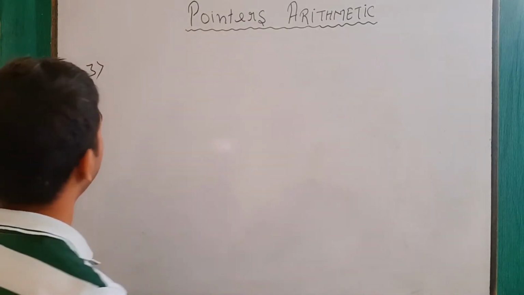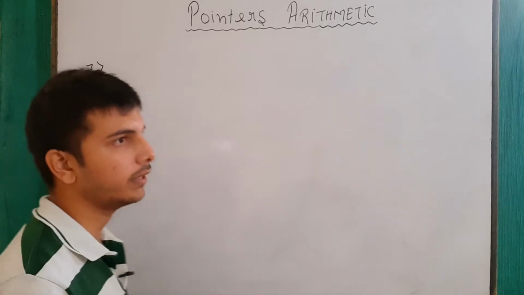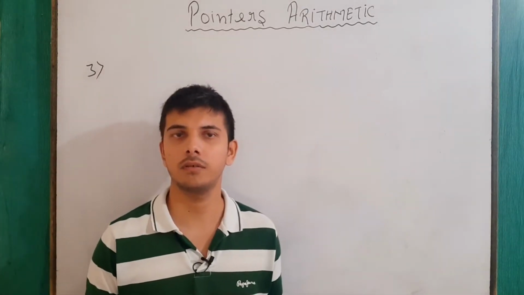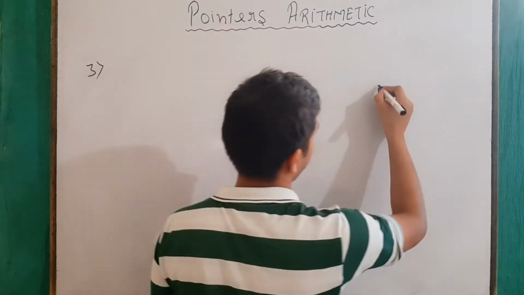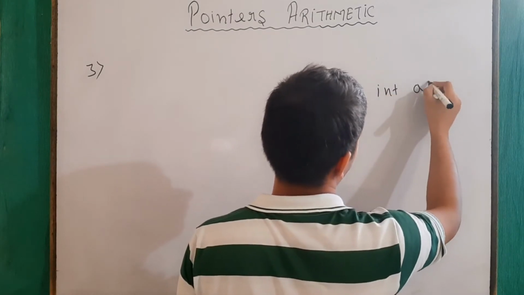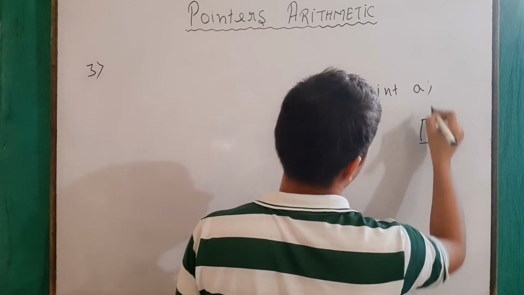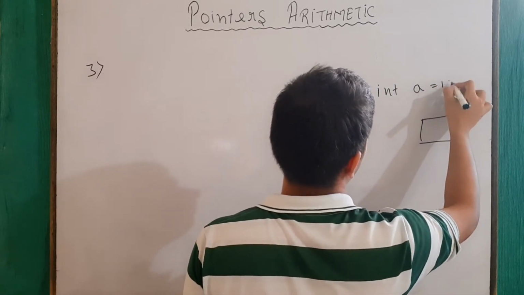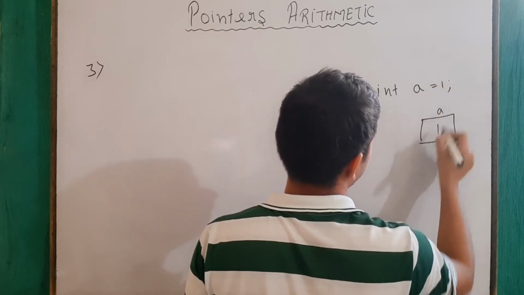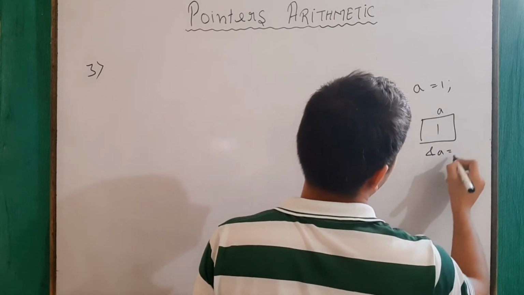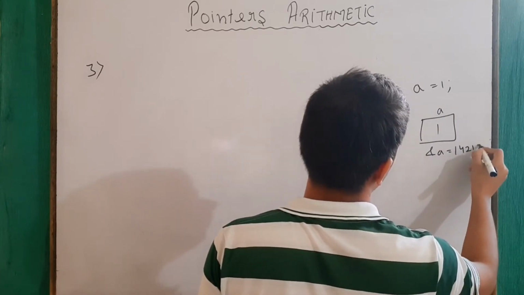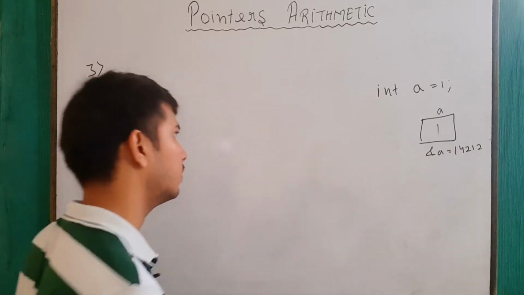Now our third point will tell us, after performing the operation, what the output will be. Let's say there was an integer variable a, and its value is 1, and &a, let's say, is 14212. Let's assume that.